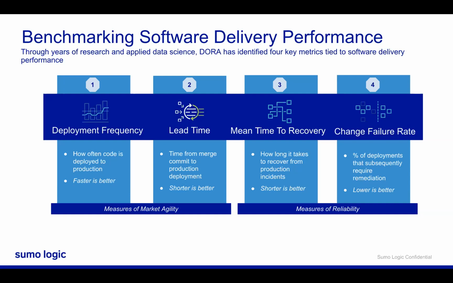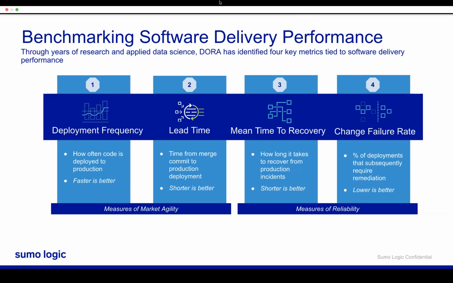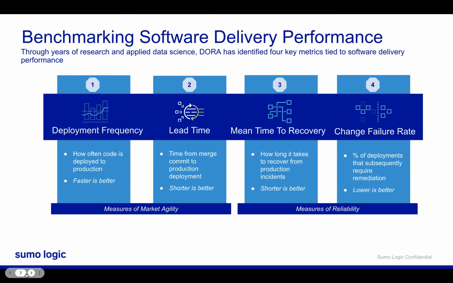Here of course lower failure rates are much better. So these are a couple of reasons for the benchmarking in more detail, which is more about the agility and reliability of your software development or deployment.